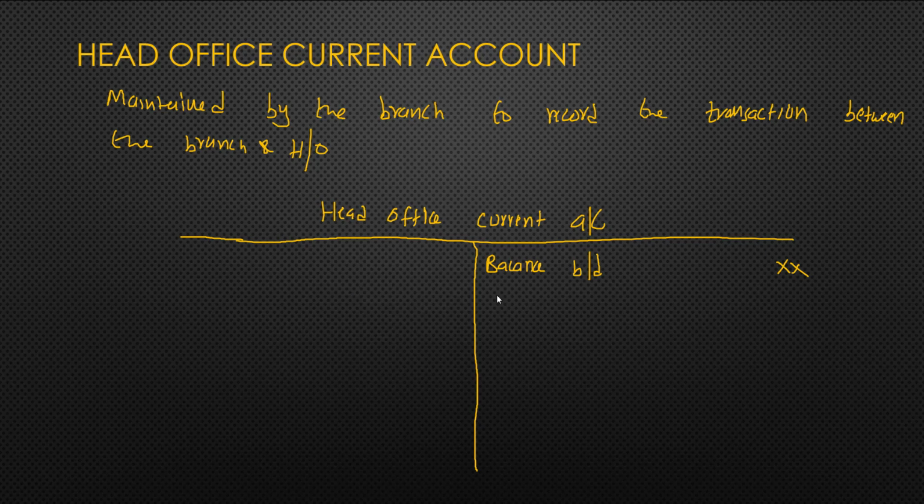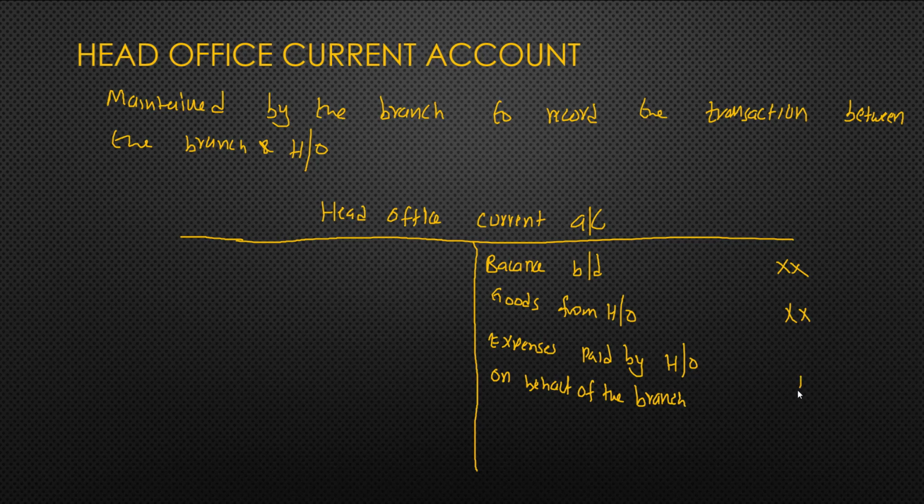And then we have the goods from head office. We record them there. Expenses paid by the head office on behalf of the branch. Next we have loss for the year.